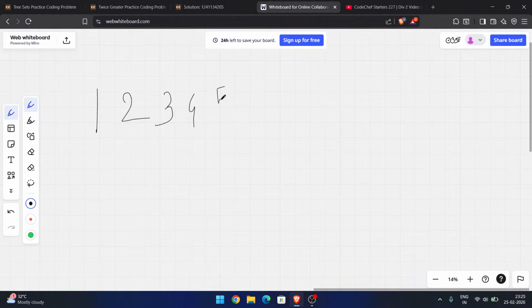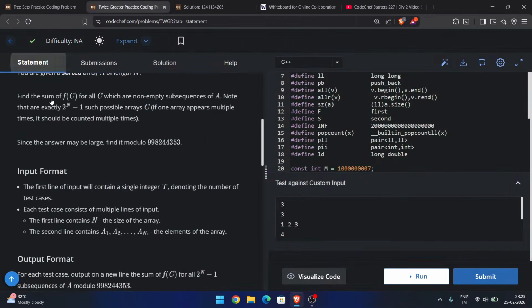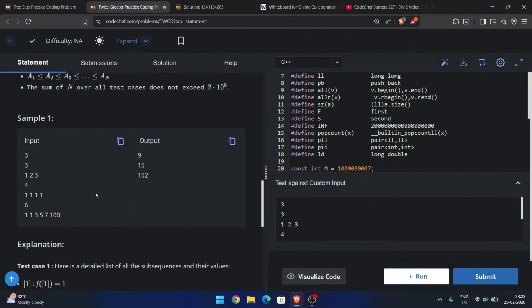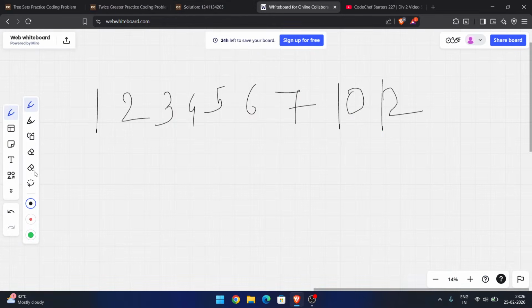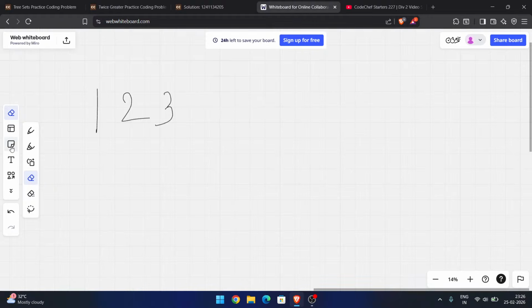Okay, the array is in increasing order only. Let's say this was the array, or should I take something from the example? Okay, let's take this small one, 1, 2, 3. Suppose this was the array we are given.